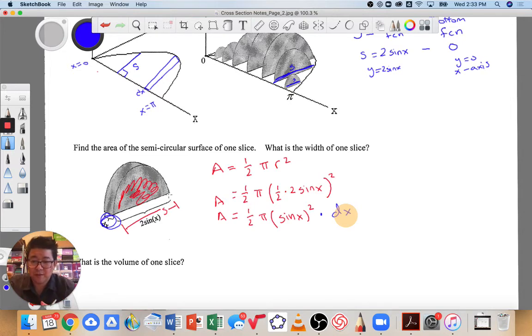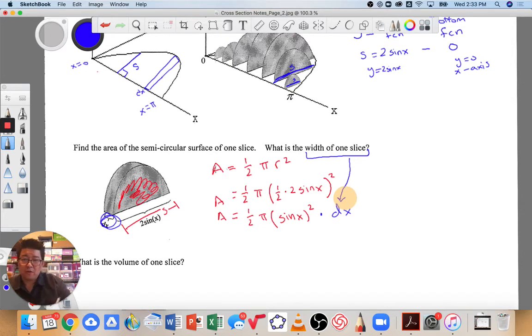Think of it like half a quarter. If we cut a quarter in half, not only does it have the half circle on the top, but it also has a little bit of thickness. That thickness is going to be represented by dx. So what's the width of one slice? That's what dx is.